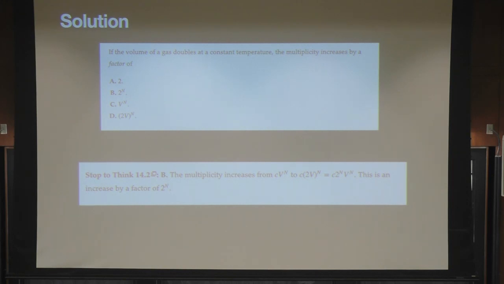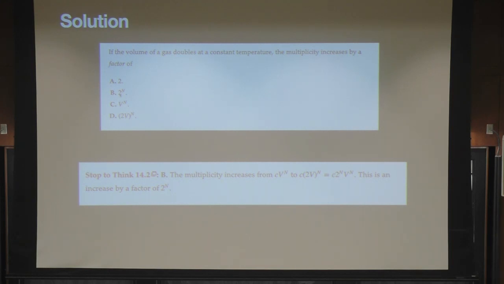So I have to do 2 to the power of n, V to the power of n. So there's an increase there by a factor of 2 to the n, because before, this is what omega is now. Omega 2 is given by the same constant, C, 2 to the n, V to the n, and the original omega, which is given by C, V to the n. So it's increased by this factor of 2 to the n.